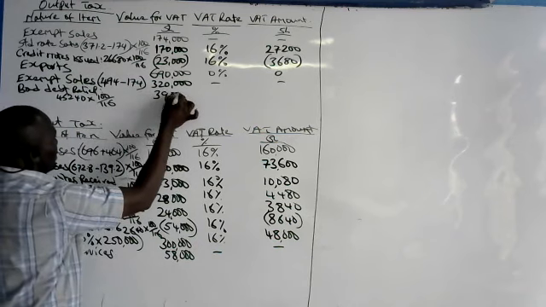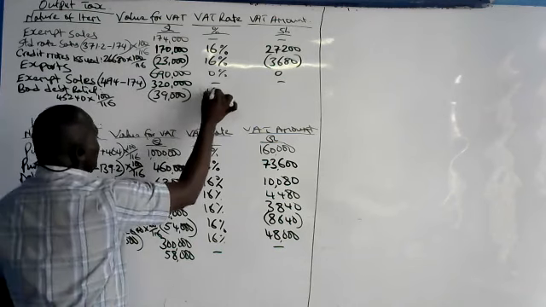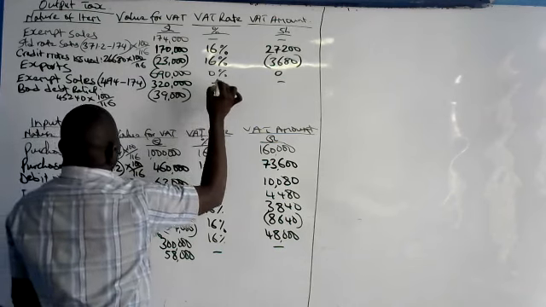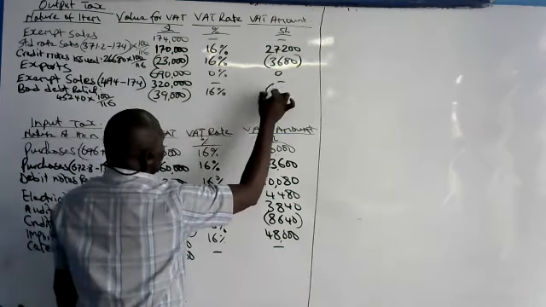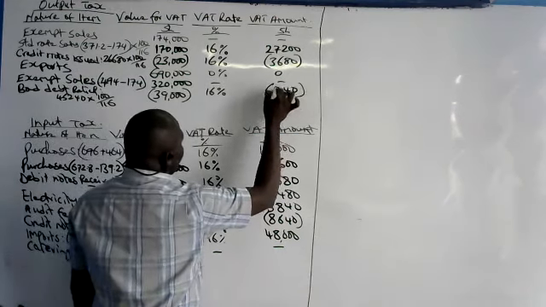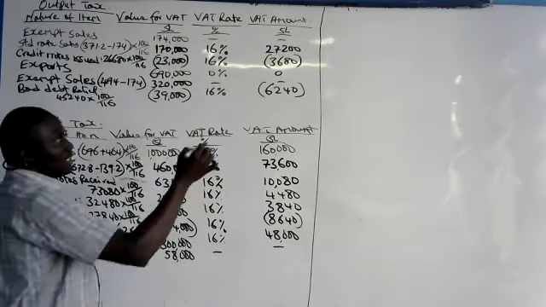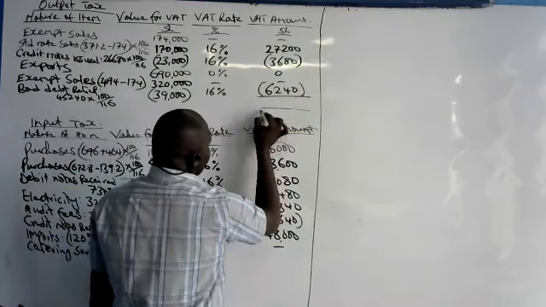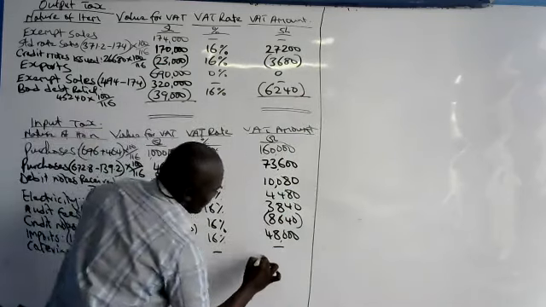That's 9,000. Now you negative still. 16%. So we are done. So support for the exempt sales, we need that.